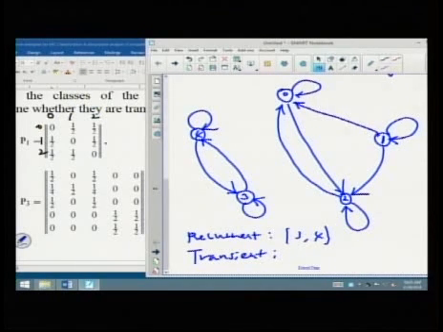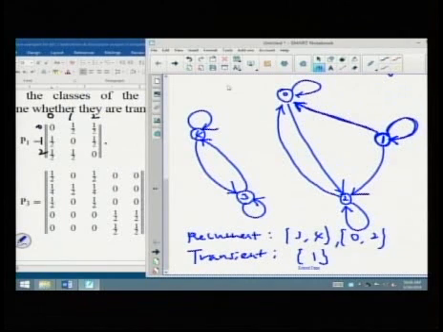Once it leaves, you cannot come back, right? Of course, if you take this, then you stay in state number 1. However, in other cases, there is no way to return, right? So state 1 has to be a transient state. In other words, 0 and 2 are recurrent states. Okay? So we have 3 different classes in this case. Make sense? Right?